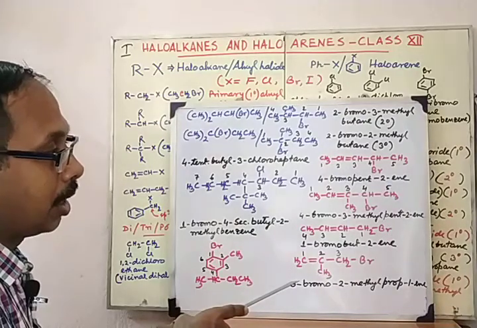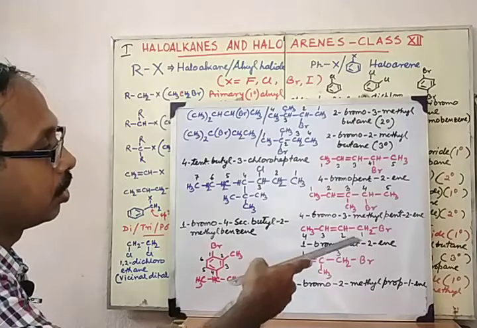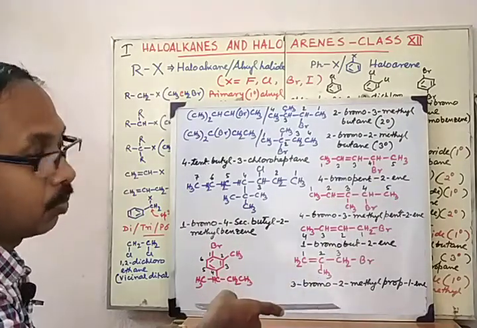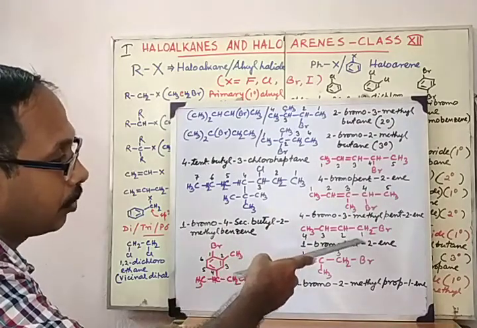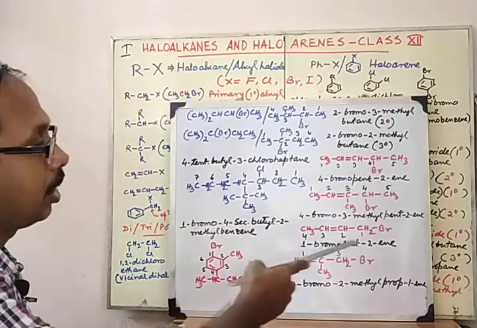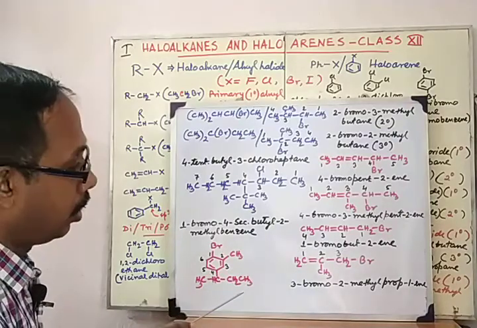Then the next point that we want to see is the substituent. So if we count from this side, then the substituent will come at the 1 number carbon. If we count from this side, the bromine will come at the 4th position. That's why the counting is done from the right side, and the name is coming as 1-bromo but-2-yne.